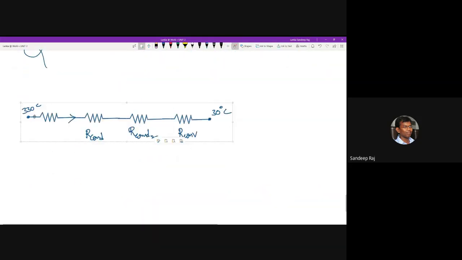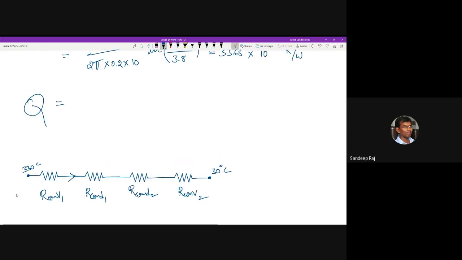If this is your resistance circuit, with convection, conduction 1 and conduction 2, the equation will be the temperature change, delta T, by the sum of all resistances, or total. The delta T here is 330 minus 30 by the sum of all these resistances.